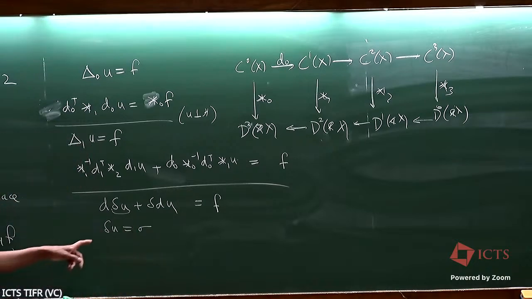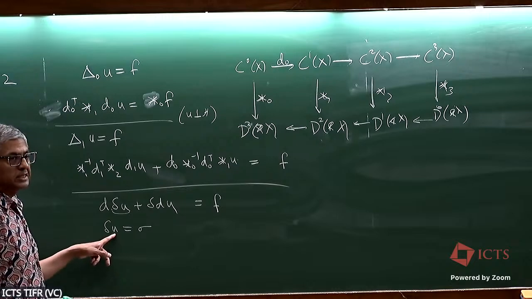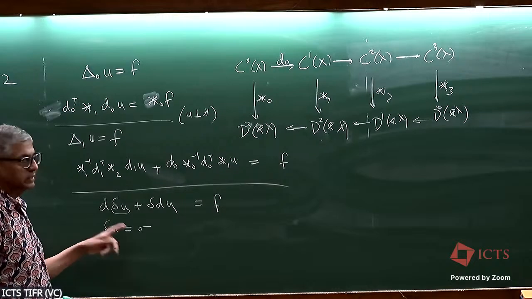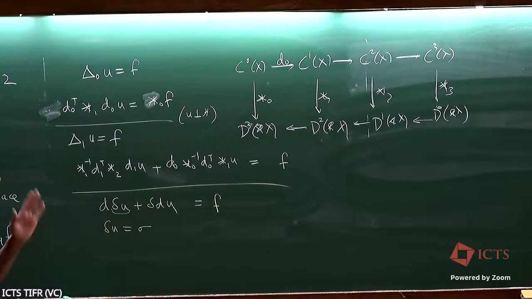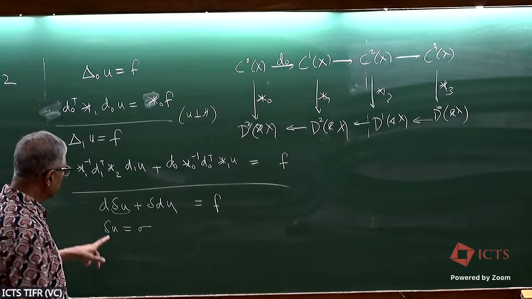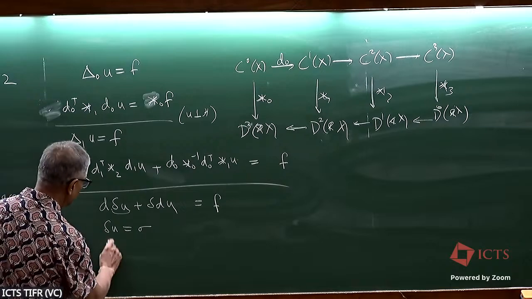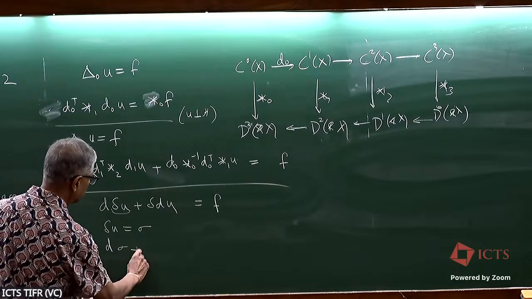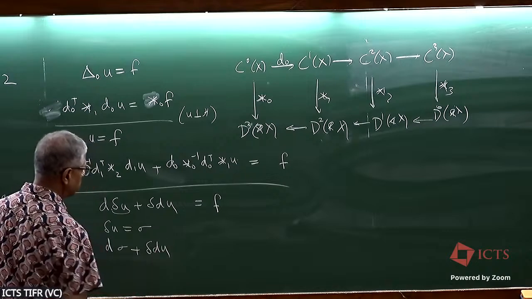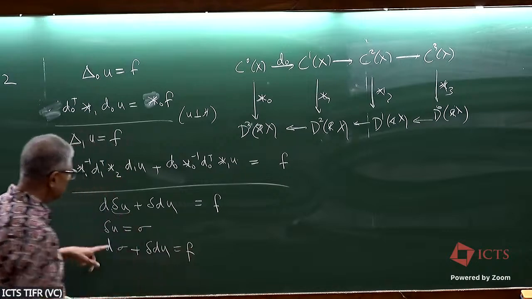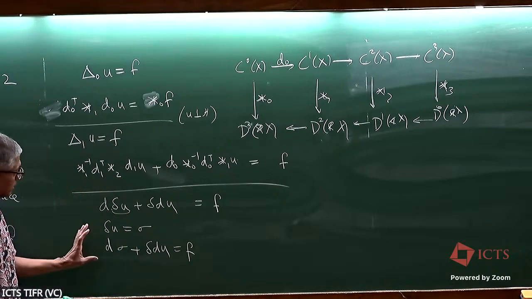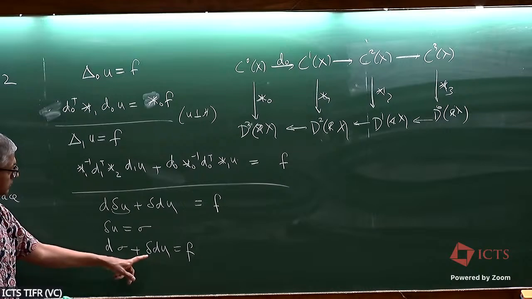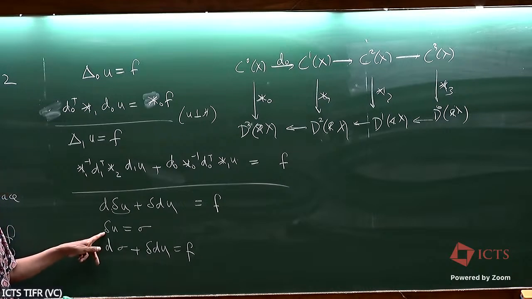For example, if this was pressure in Darcy flow, this would be a 2 form and velocity would be the codifferential of that, the 1 form. Those will be the fluxes. So we want this, and then if we have this, we should be able to write this as d sigma plus delta d U. And we will solve for U and sigma. So we'd like to solve these two equations. We can get rid of this and that via adjointness.